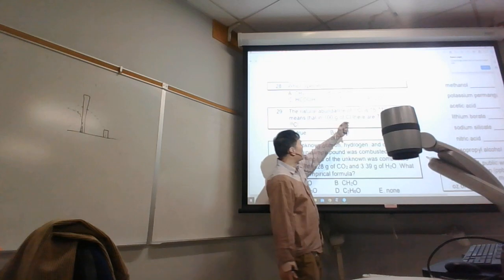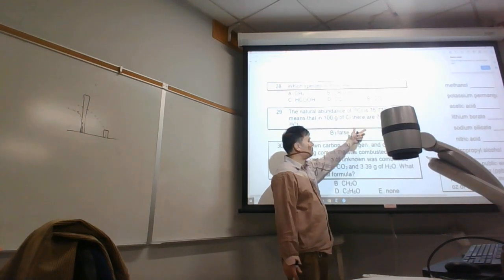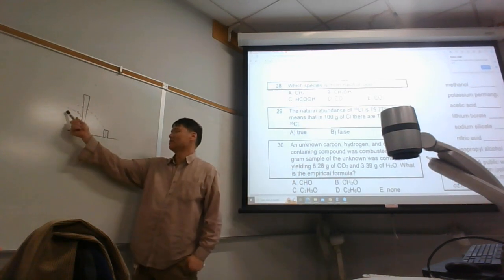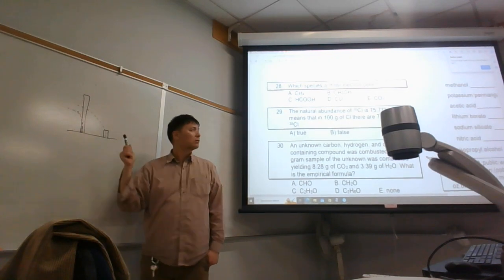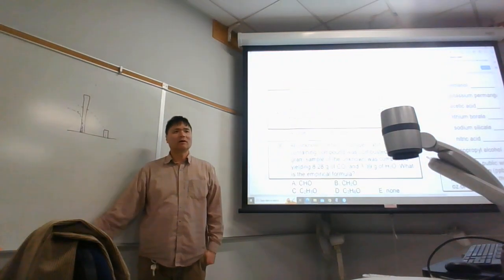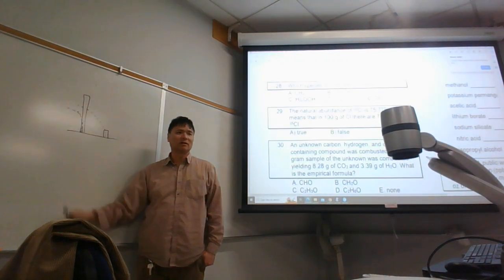What that means is out of 100 atoms of chlorine, 75.77 will be chlorine-35. So if I have 100, about 75 will hit here and 25 will hit there. There are only 2 isotopes here, so 75 out of 100 hit here. Does that make sense?